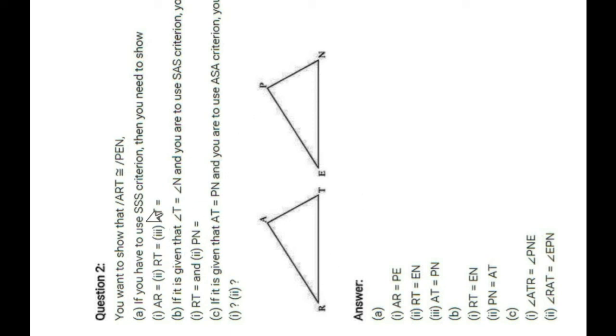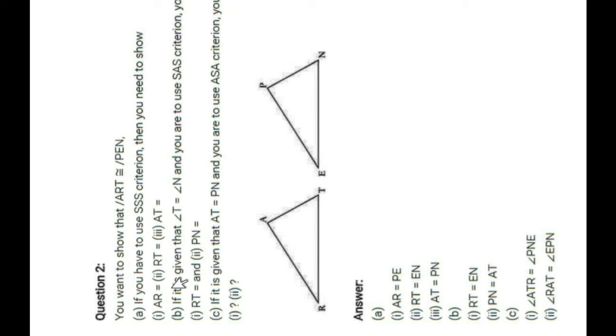If you have to use the SSS criterion, that is side, side, side, then you need to show three sides: AR equal to PE, RT equal to EN, and AT equal to PN.